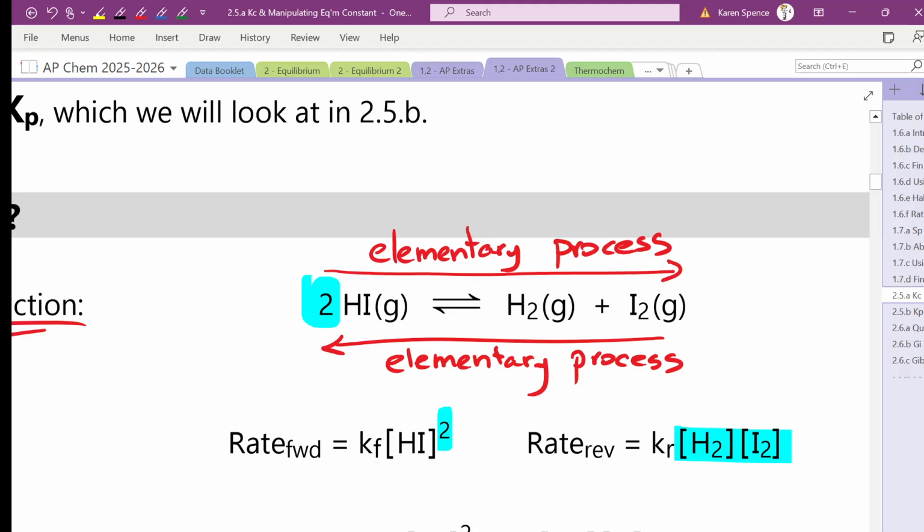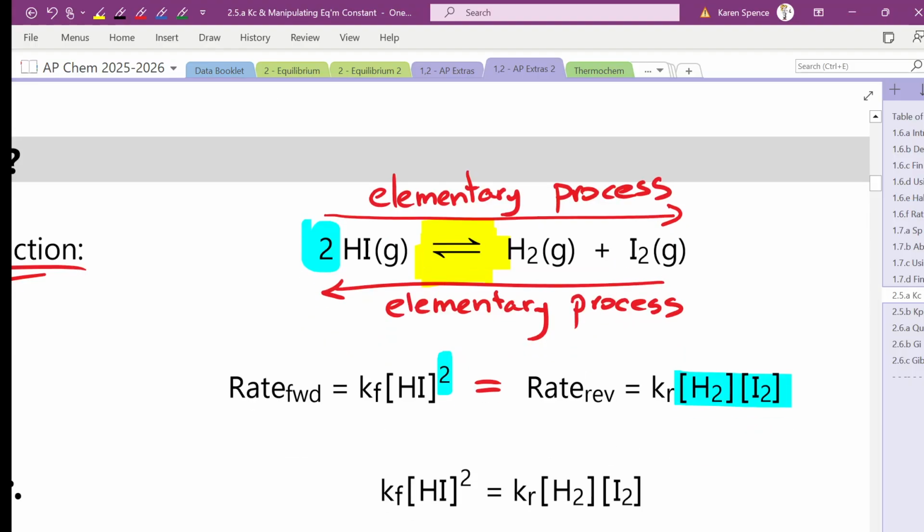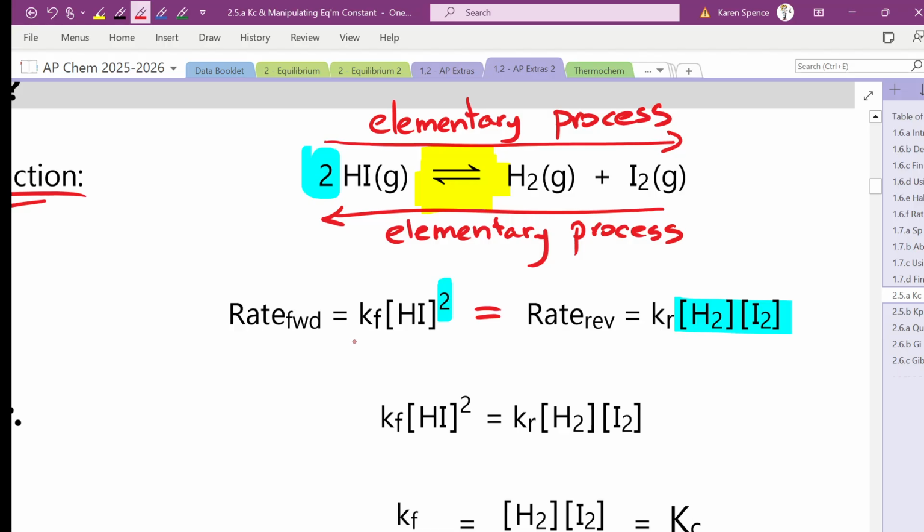Now, this is an equilibrium. What do we know about equilibrium? What is true? Forward rate equals reverse rate. So, look at that. Those two are now equal. So we're going to take this and put it here, and take this and put it here.